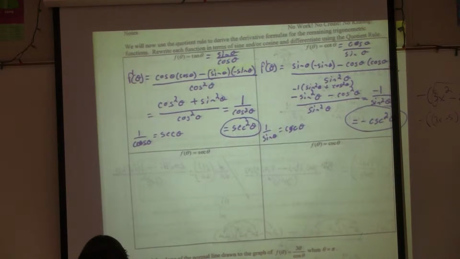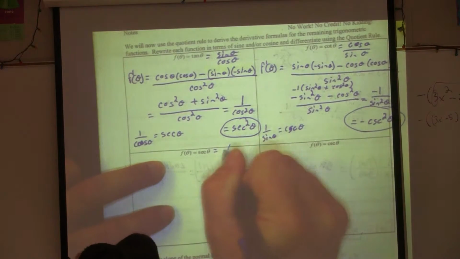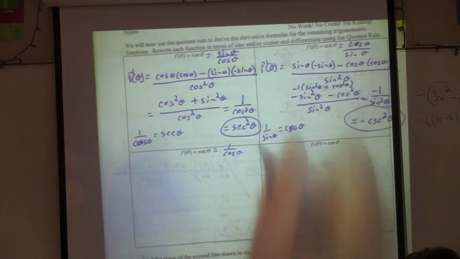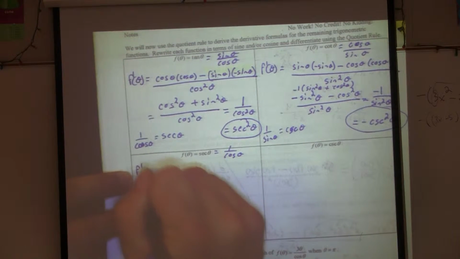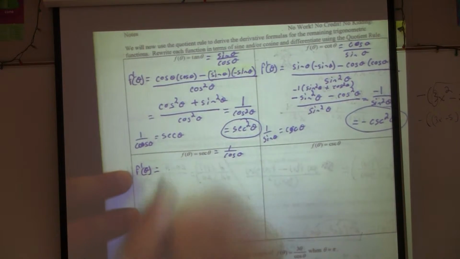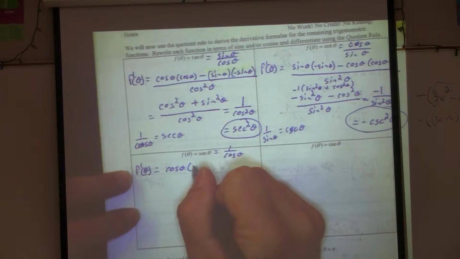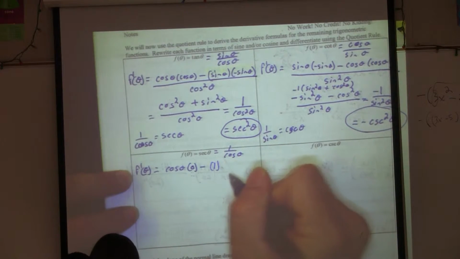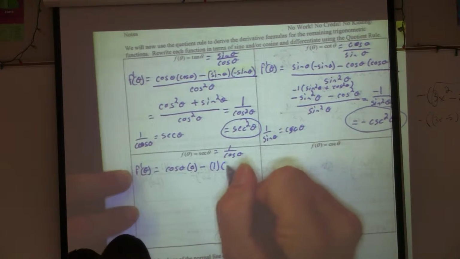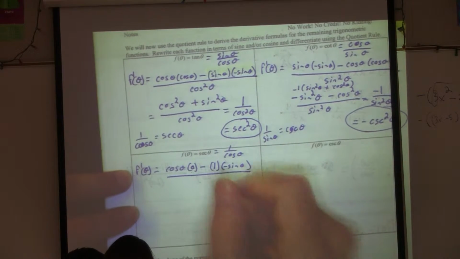What can I rewrite secant as? 1 over cosine. Alright, so let's apply the quotient rule. Ready? So, low, d high, 0, minus high, d low, over low squared.